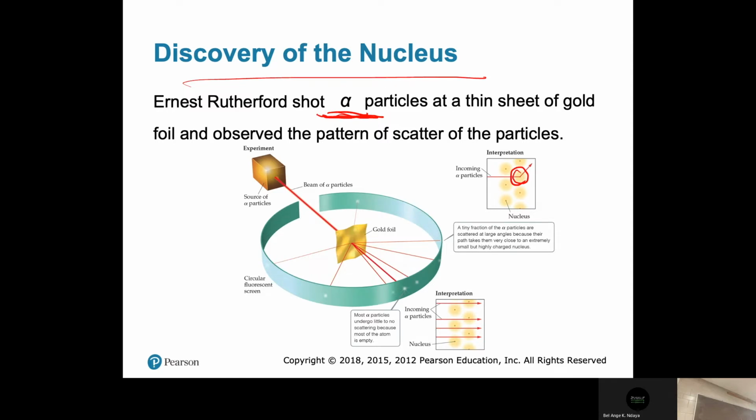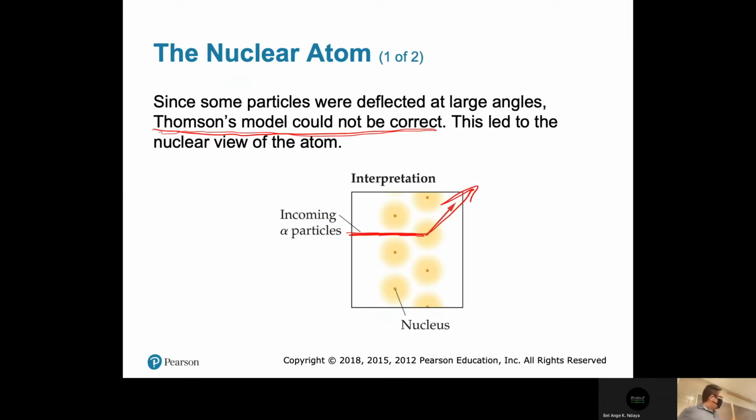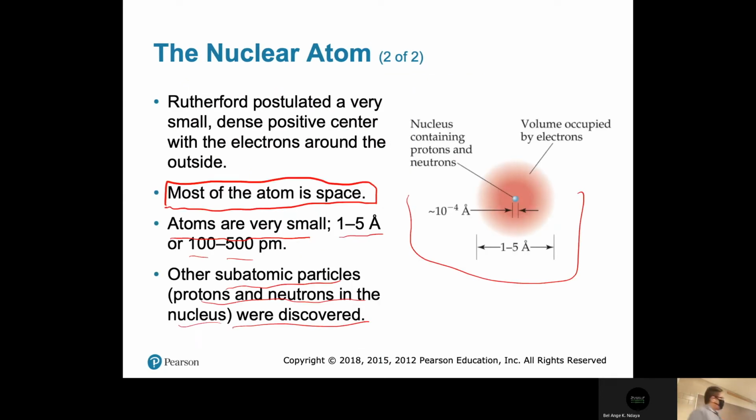We know now that the atom has a nucleus, a center, okay? So Rutherford postulated a very small, dense, positive center with electrons around the outside, which is basically what we think of atoms as now.